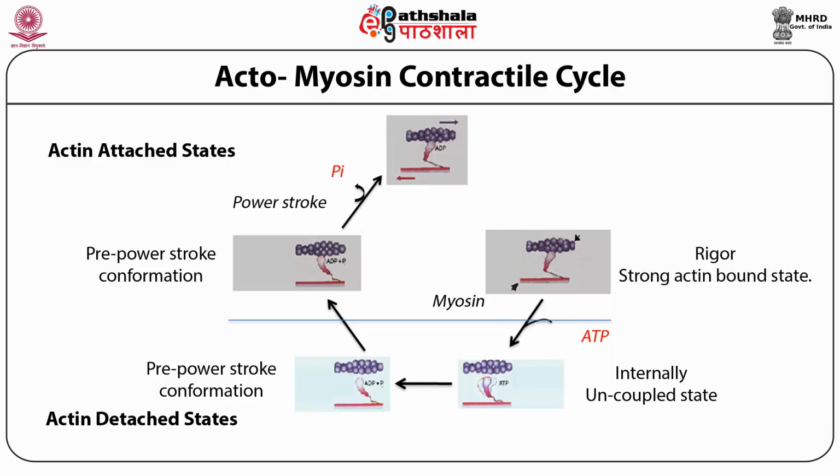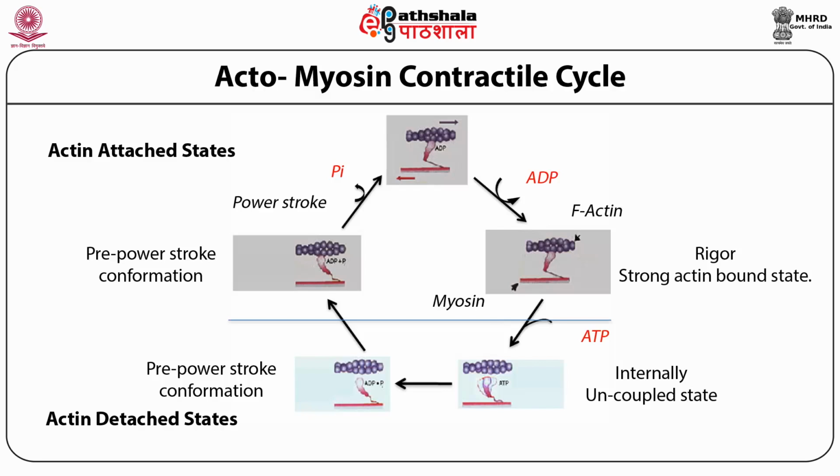The association of actin with the myosin in the pre-powerstroke conformation accelerates the powerstroke, that is the release of phosphate from hydrolysis of ATP. This causes the movement or sliding of myosin and the actin filaments. Once it binds strongly, the ADP is dissociated and it reaches the strong actin-bound state.